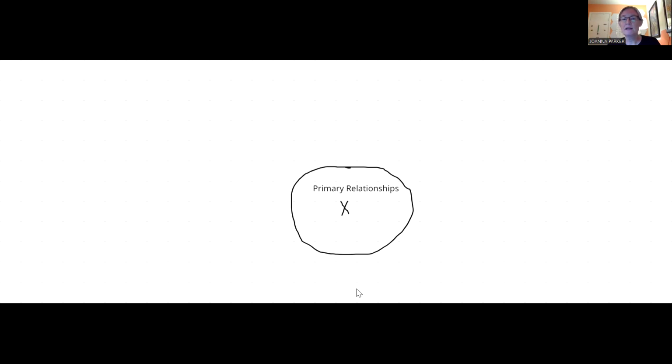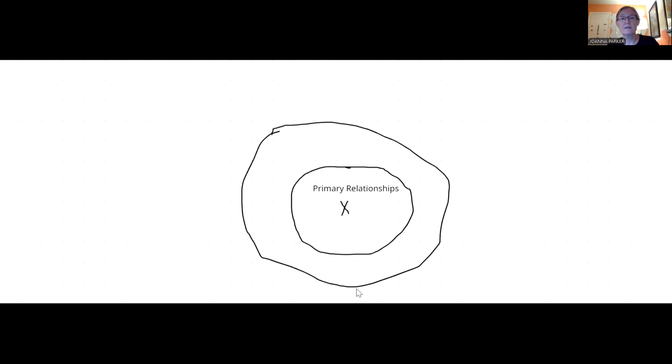Then in our next circle, we are thinking about the spaces where children spend time. So this is really looking at that environment piece, right? And so children spend time in your program, they spend time at home, they spend time in the community, at the library, at stores, at church, whatever the different places are that children spend time.